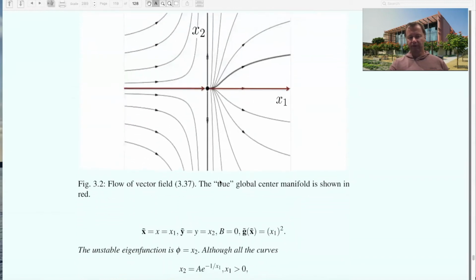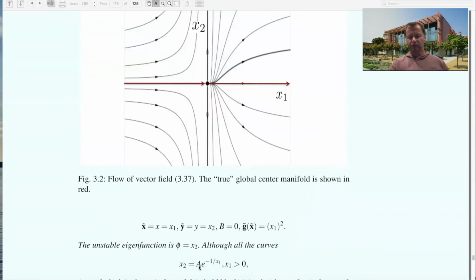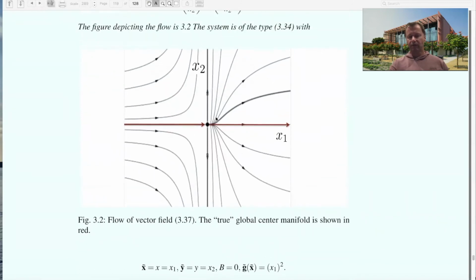All of these curves are given by x2 is a e to the -1 over x1 for x1 bigger than 0. All of these curves, when joined with x2 is equal to 0 for x1 less than 0, give you local center manifolds. But there is only one of those such that on the associated manifold, there is no exponential part of the evolution.